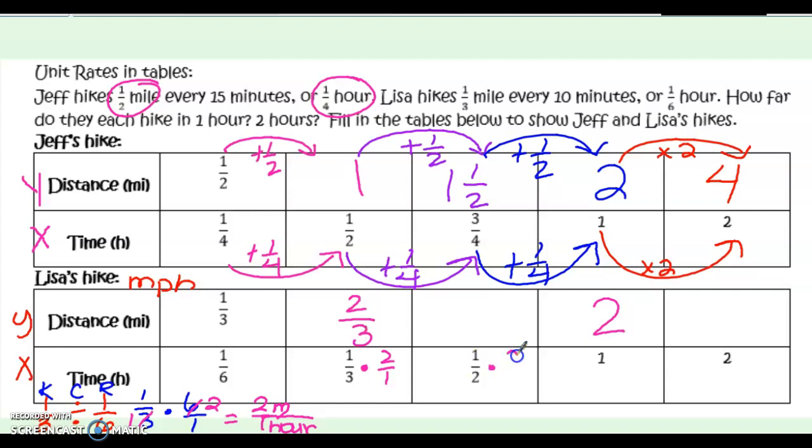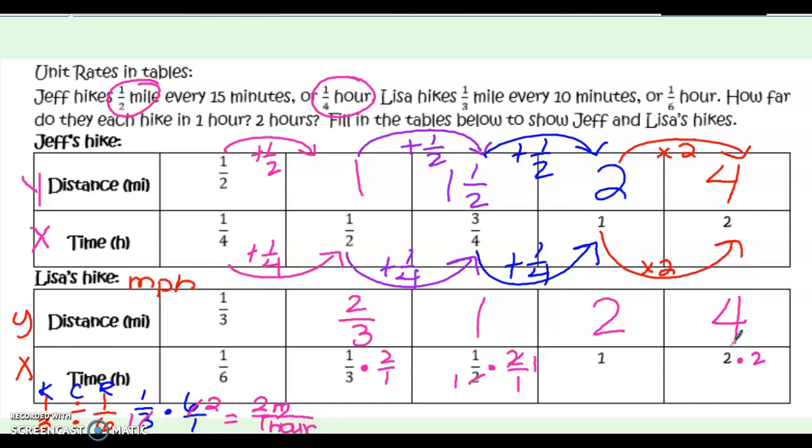Then I'm going to multiply by 2 over 1. I can cross simplify this one, which is going to give me 1/2. And over here, we've already solved this one. So I'm going to multiply 2 times 2, which gives me 4 miles in 2 hours.